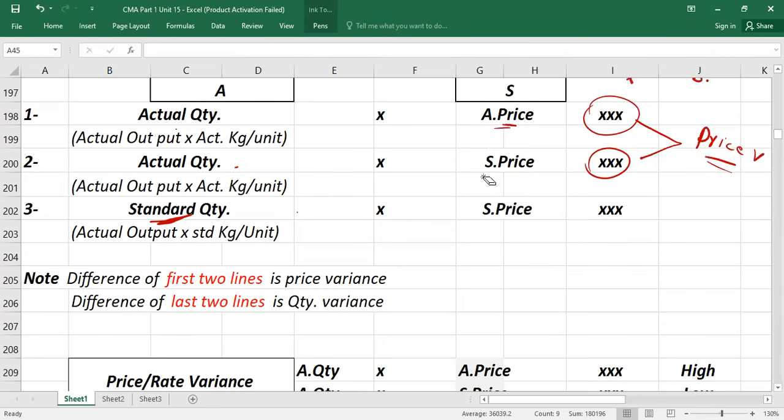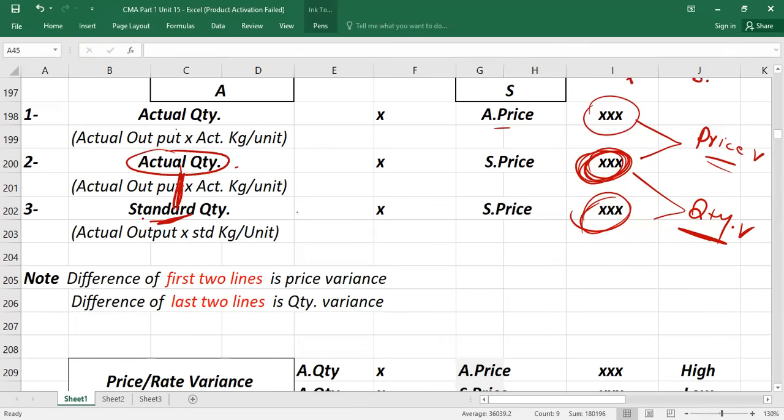When you take the difference of second line and third line, this is called quantity variance, which is also called usage variance, also called efficiency variance for material. Understood? Why? Is there a change in quantity?